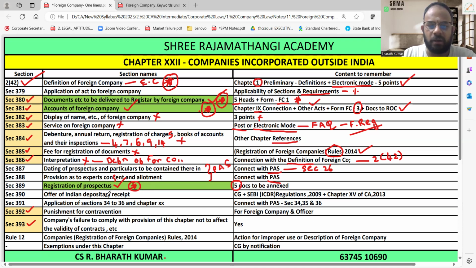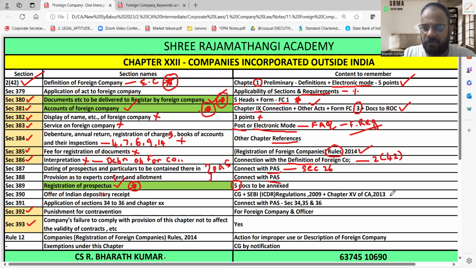Offer of IDR, offer of Indian depository receipt. So they are talking about the IDR, which again we connected in chapter number 3. But central government involvement, SEBI ICDR regulations. What is ICDR? Issue of Capital and Disclosure Requirements Regulation 2009. The 2009 perspective only they have told here, because after that there are also 2015, 2019 and all, plus chapter number 15.